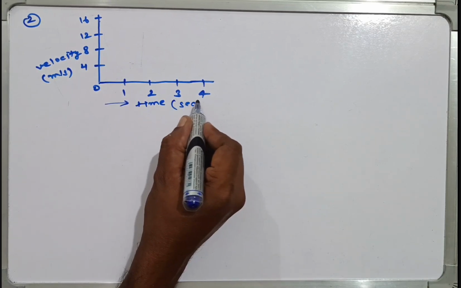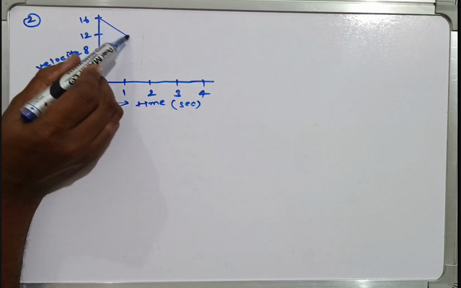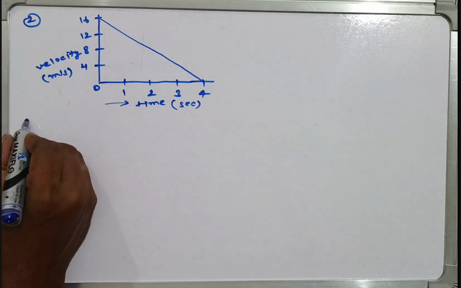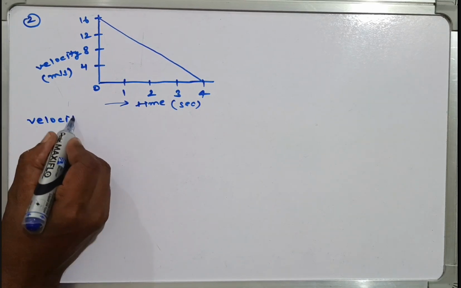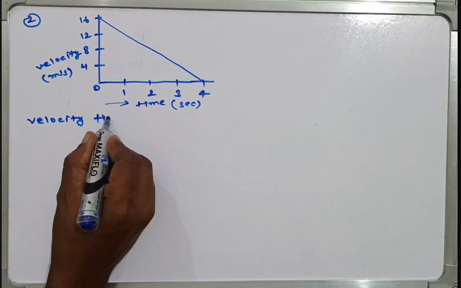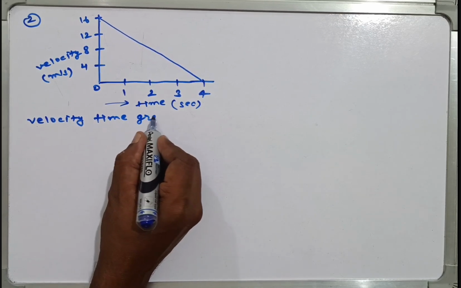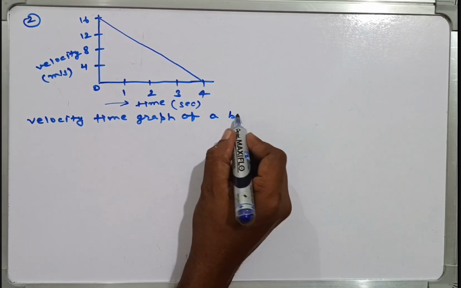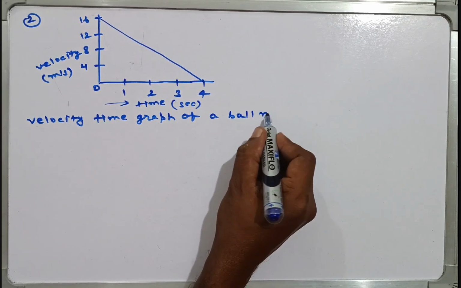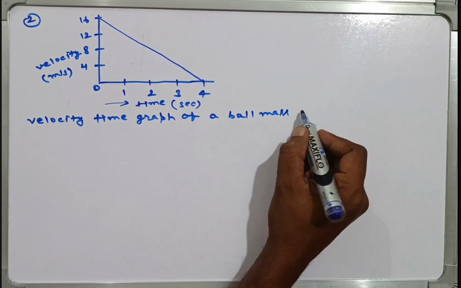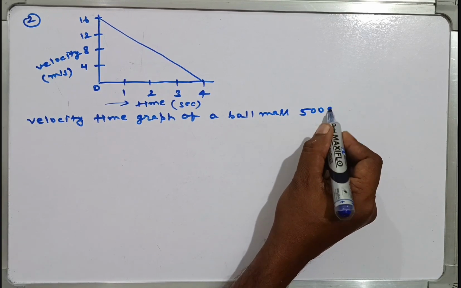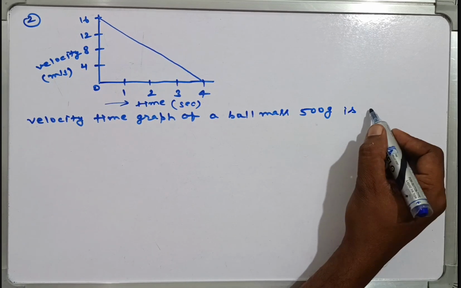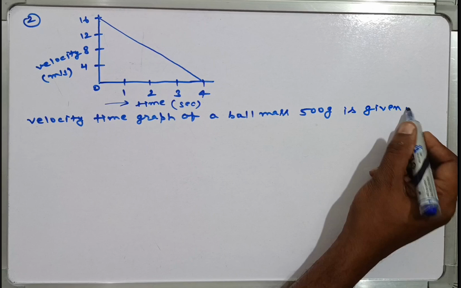This is the velocity time graph of a ball of mass 500 gram.